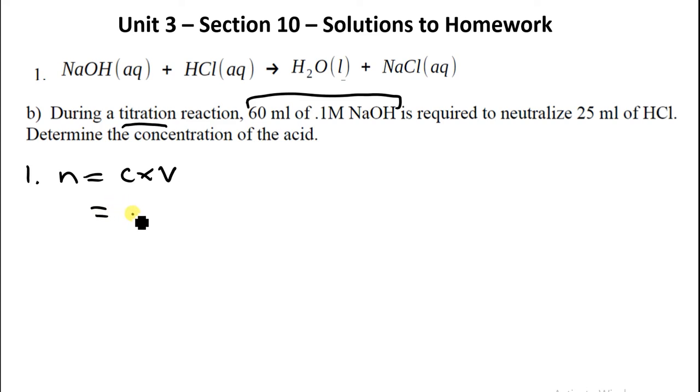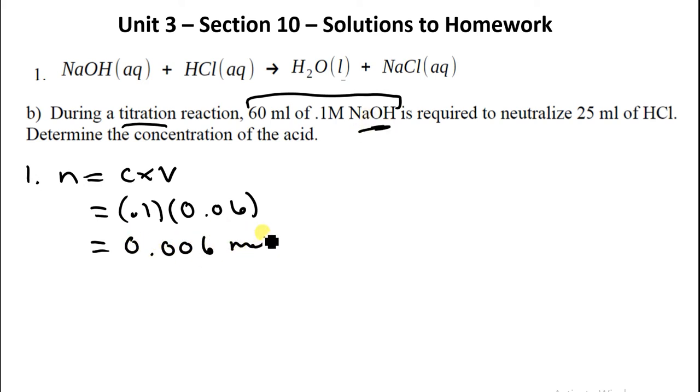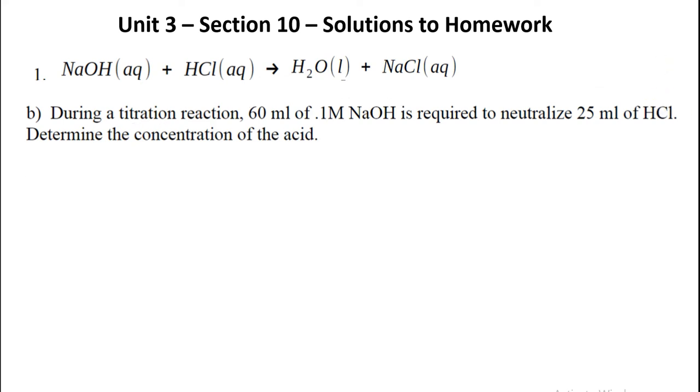So our concentration is 0.1, and our volume is 60, which I'll divide by 1,000 to turn it into liters, 0.06. Multiply those together and we should get 0.006. And I also recommend that we indicate that this is moles of NaOH. So let's carry that mole number into our next part of the question here. And in our next part of our question, we are going to find the moles of the HCl. So let's do that.